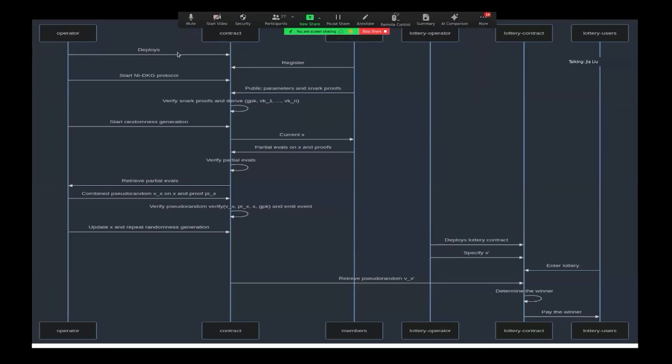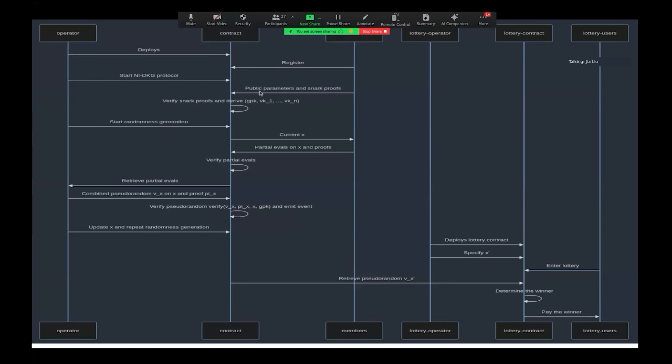The operator deploys the contract on chain, and each member registers to the contract by submitting their member public key. These are the public keys generated on the elliptic curve. And these public keys will be used in the DKG process, and then the operator can start the DKG protocol.